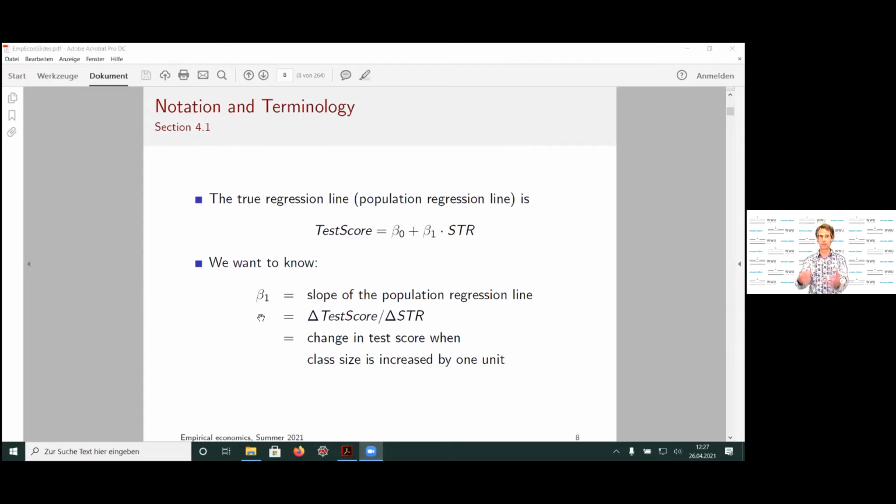So if we increase the class size by 1, we would expect the test score to decrease by a certain level, and this certain level is beta 1. So beta 1 is the quantity we are really interested in.